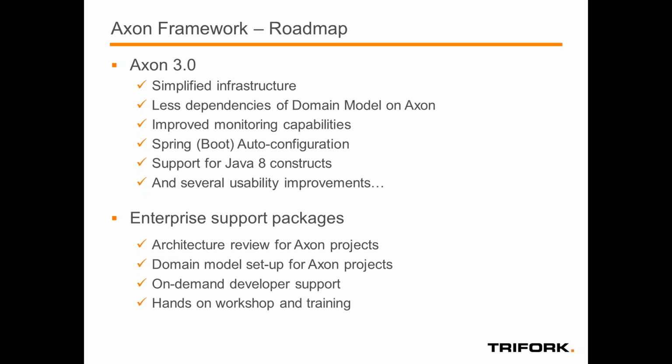So from next year, we'll also be providing some enterprise support packages. So basically, Trifork has always been there to help companies achieve their goals using Axon, but we want to formalize it a bit more and tell you about different ways in which we can help you. One of the ways is an architecture review.